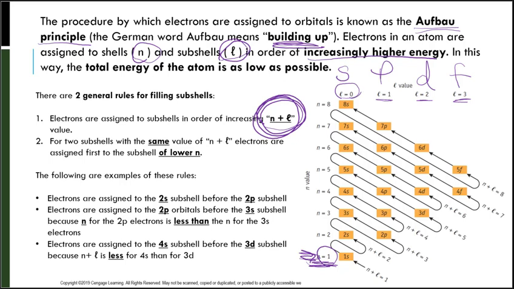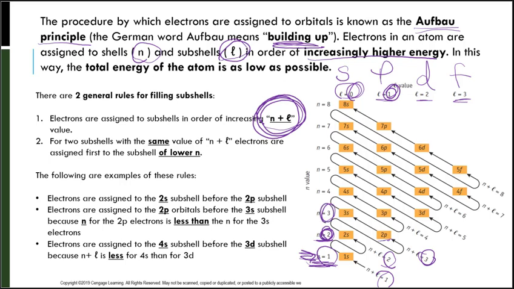So 1 plus 0 is 1. And then we move on to 2s. 2 plus 0 is 2. Then we move on to 2p, jump over to the right, and 2p would be 2 plus 1, which is 3.